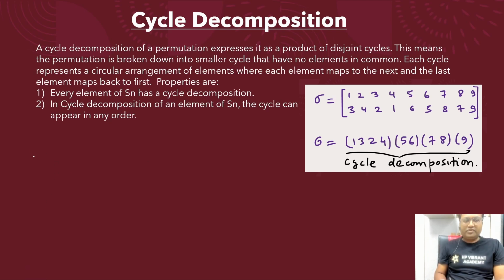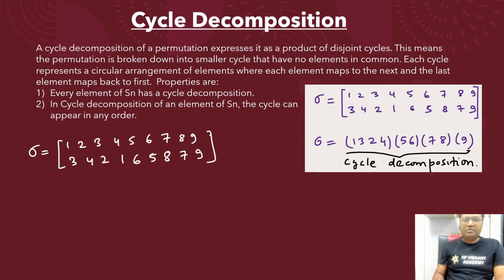Sigma is equal to, in the first row we have 1 2 3 4 5 6 7 8 9, and in the second row we have 3 4 2 1 6 5 8 7 and 9. These are the symbols in the first row, and the second row is where they are mapped.